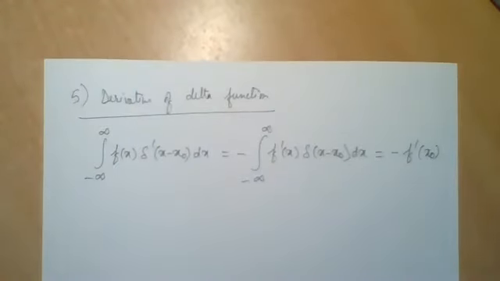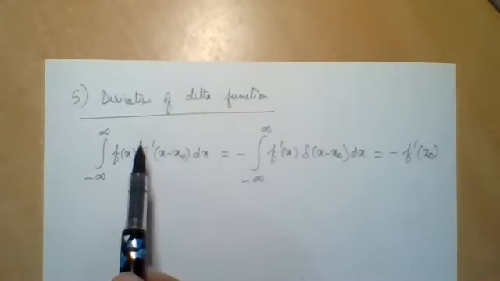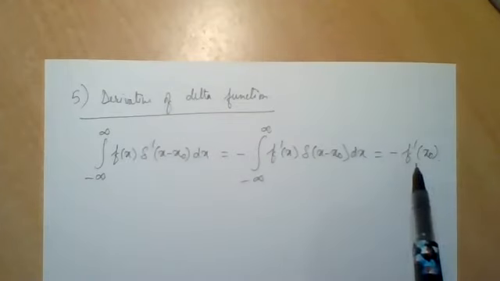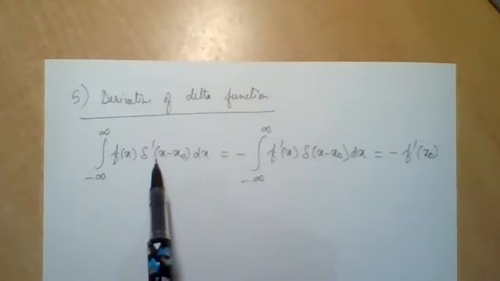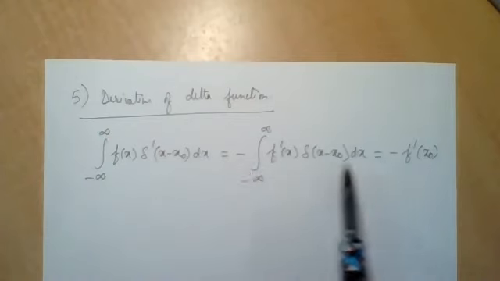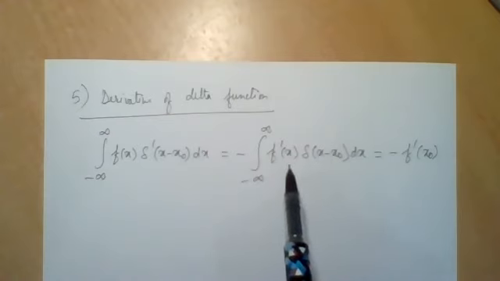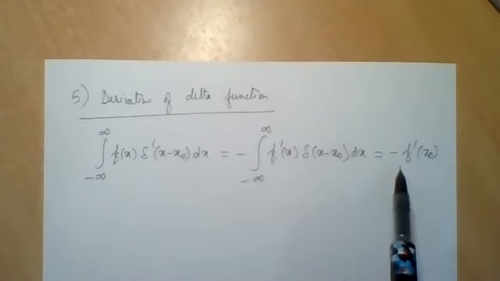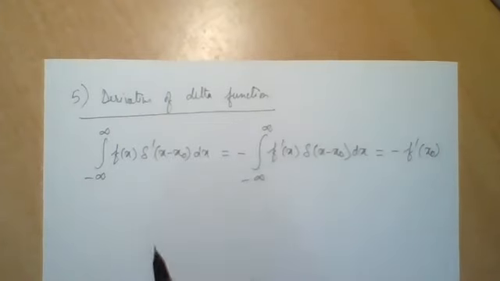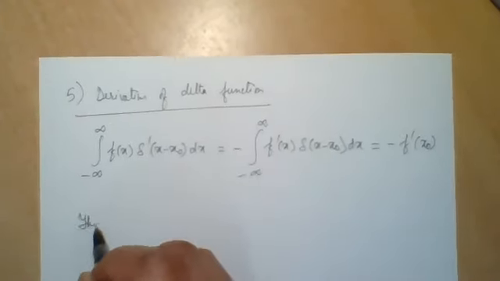This is the property. For the derivative of the delta function, this is equal to this. So this derivative shifts to f prime(x) with a negative sign. And from the shift of origin property, this is simply equal to minus f prime(x0).